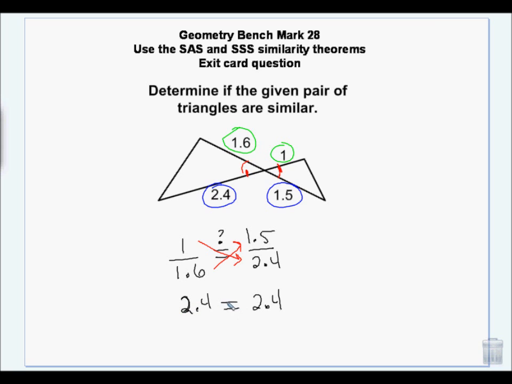If the products are equal, then the proportions are equal. So yes, similar, side angle side. If you did the cross multiplication and you got two numbers that are not equal, then they're not proportionate.